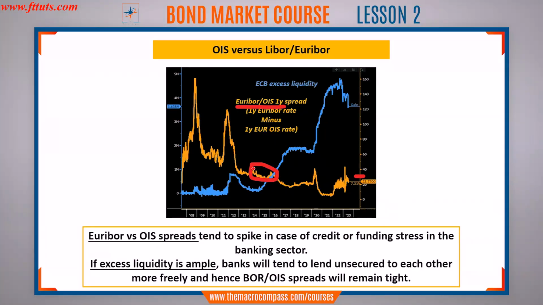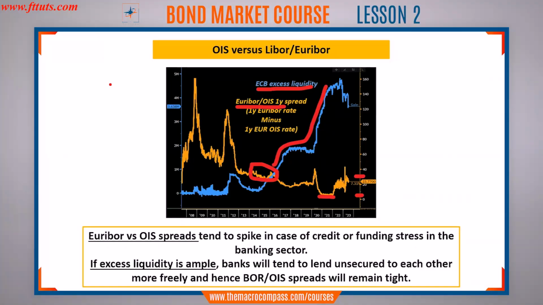This rate trended lower and lower over time, as you can see, up until basically the zero area, a few basis points only, that was in 2021. And this happened as, over time, the European Central Bank expanded their balance sheet. The blue line on the left-hand side shows European Central Bank excess liquidity.